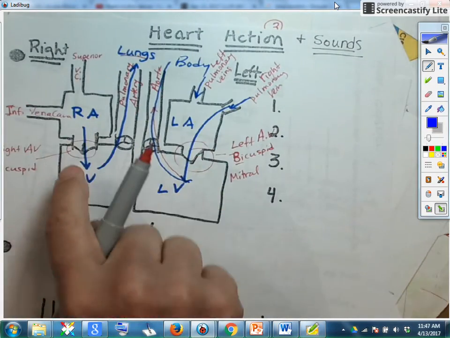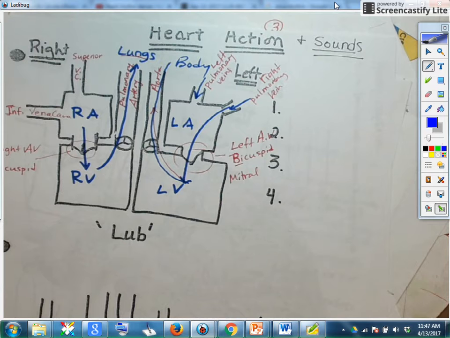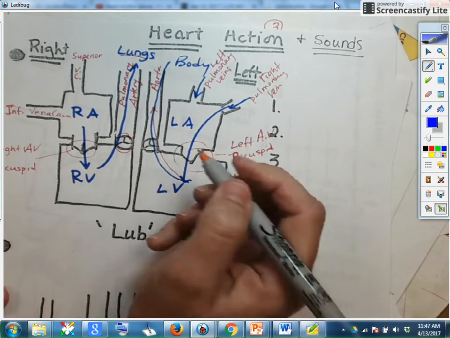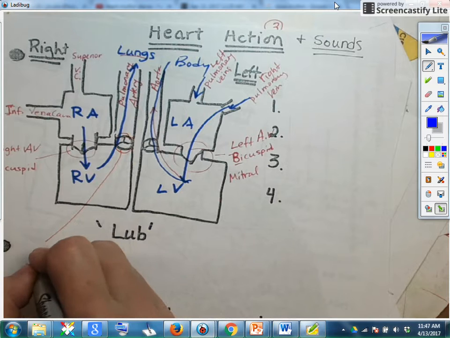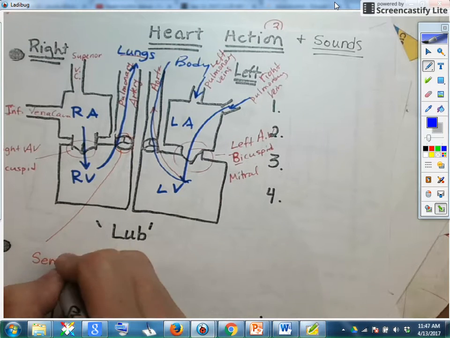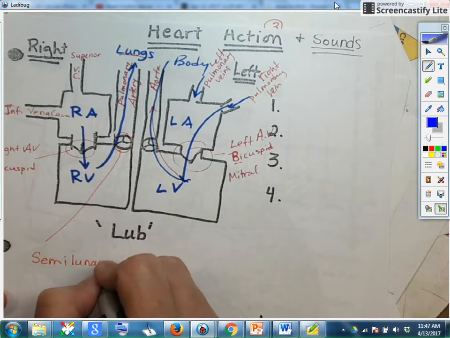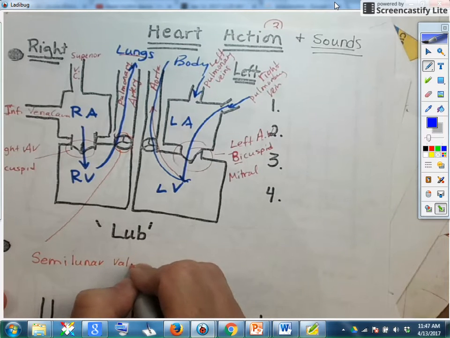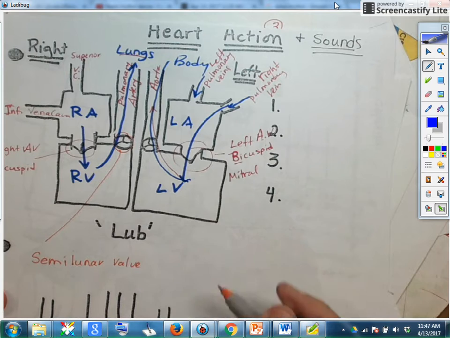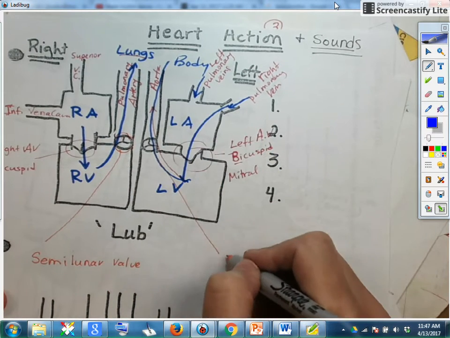Now, you'll notice here and here, there are also valves. And those valves have a name. They're both semilunar valves, because they say it looks like a half moon. This is also a semilunar valve.